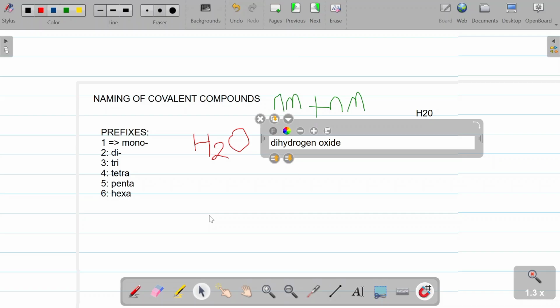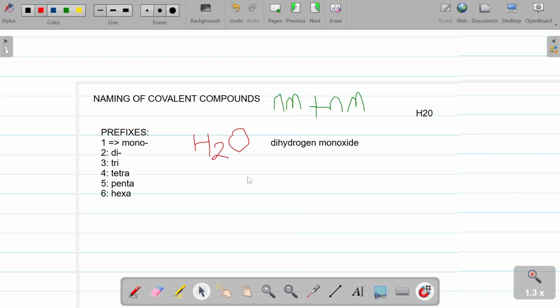It's very simple, very direct. Dihydrogen monooxide. It's just one O. So it's called dihydrogen monooxide because we have two hydrogen atoms and one oxygen atom. So that is why H2O is named dihydrogen monooxide.